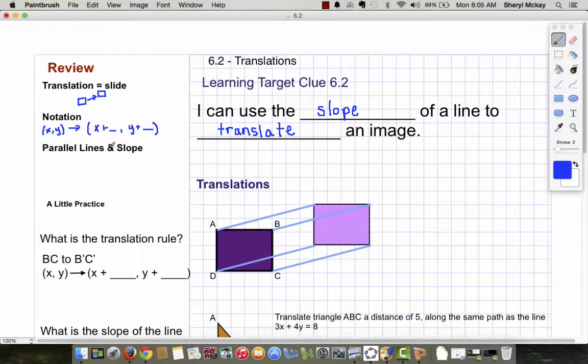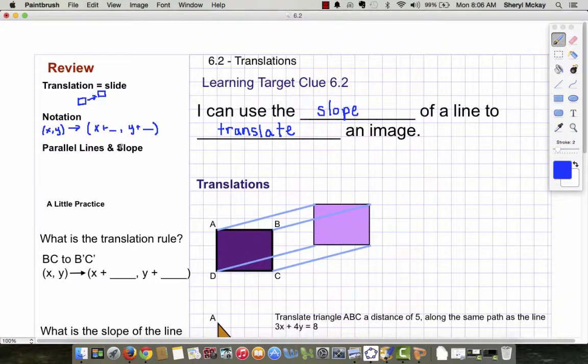Sometimes you'll see up 4 to the right 3, or to the left 2 and down 1. But if you write it this way, you're saying here's your point, and the x coordinate of every point is going to move to the right if it's a plus or positive number, and up or down if it's a positive or negative y.